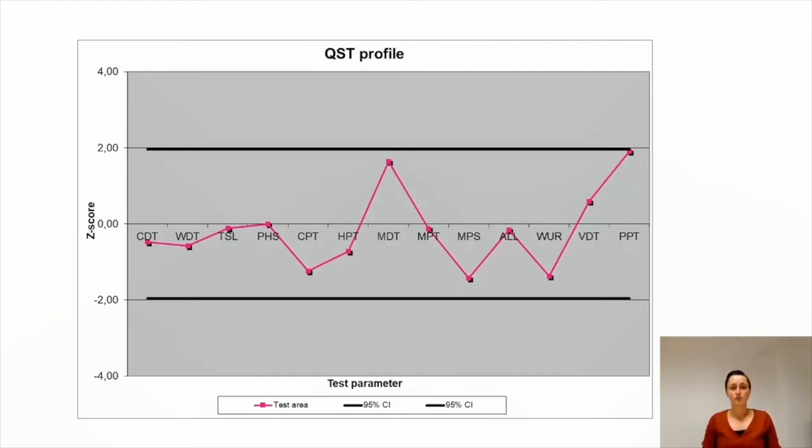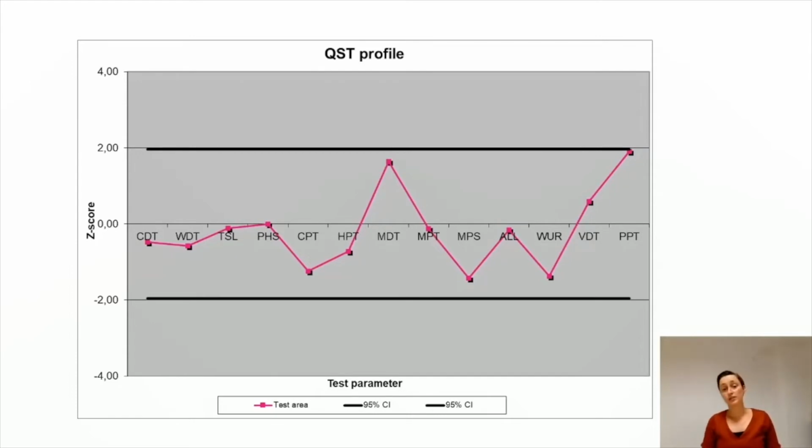On the x-axis, each individual test is depicted, and you may recognize some of them. On the left, we have the cold detection and warm detection thresholds, CDT and WDT. And for example, all the way on the right, we have the pressure pain threshold, the PPT.